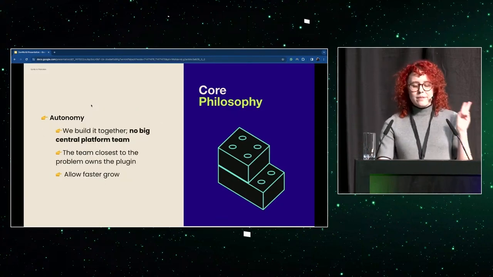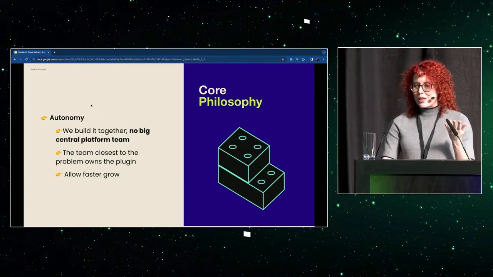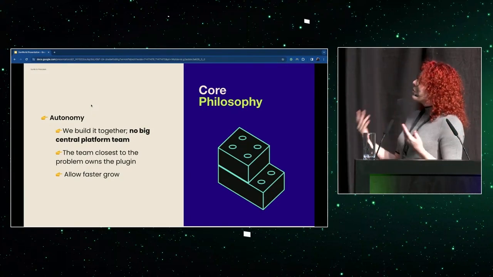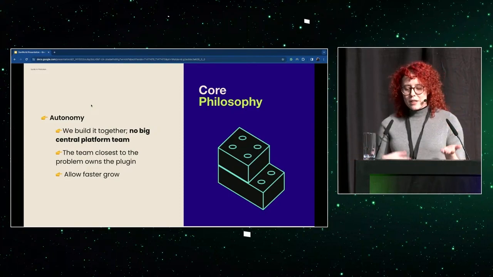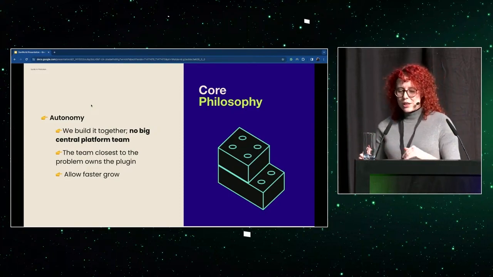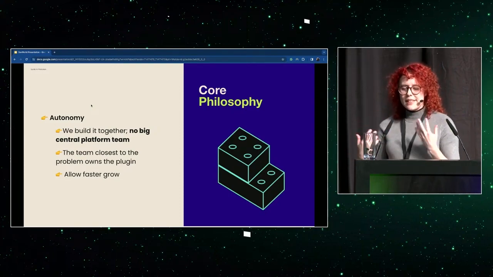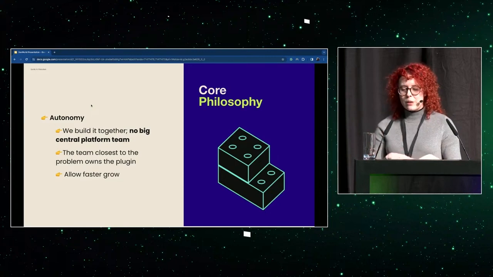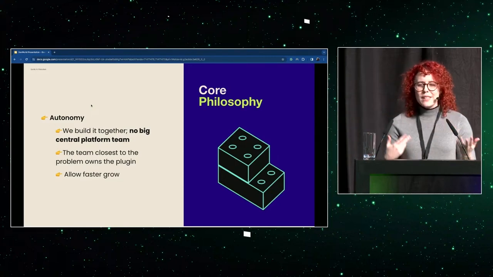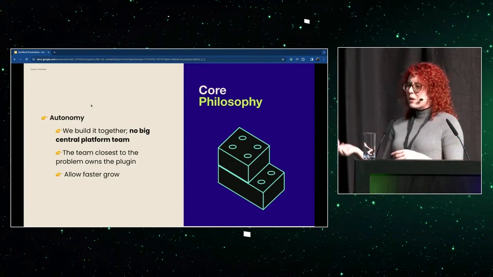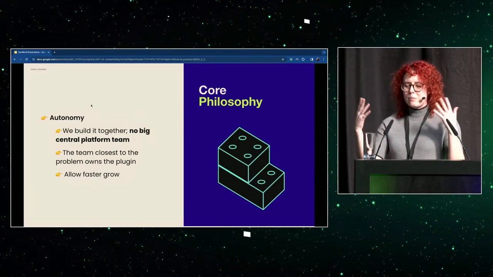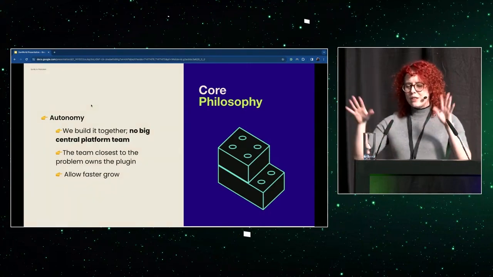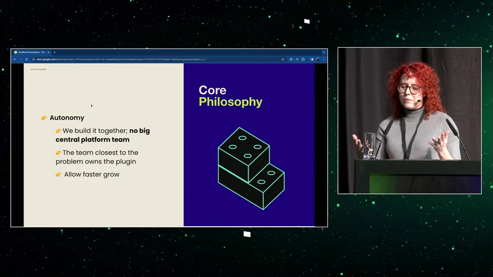And then last but not least, autonomy. Now, when we talk about autonomy at Spotify, it's already in our culture. But what it truly means is that each team is able to operate on its own and make the best decisions for themselves. So when we started with Backstage, we knew that we couldn't create a big platform team that dictates everything top-down and implements the whole platform for everyone.